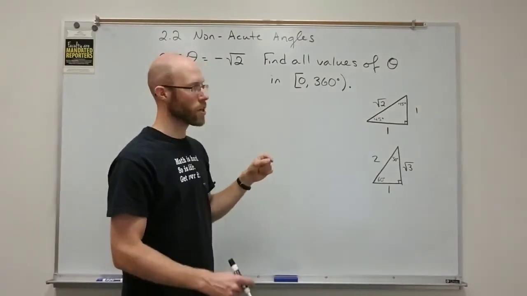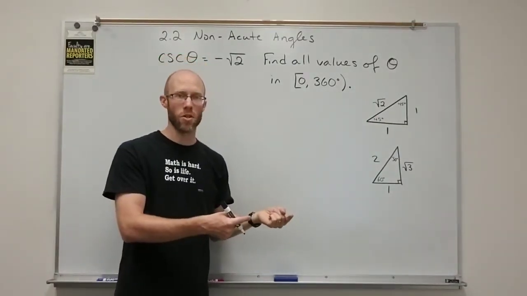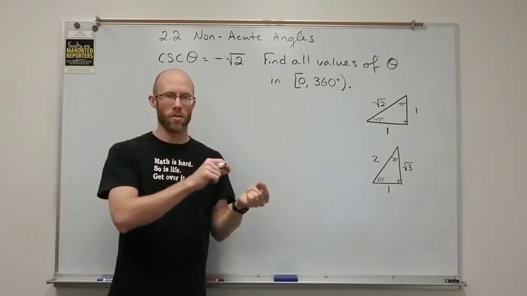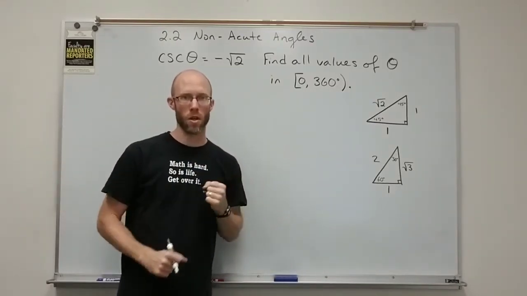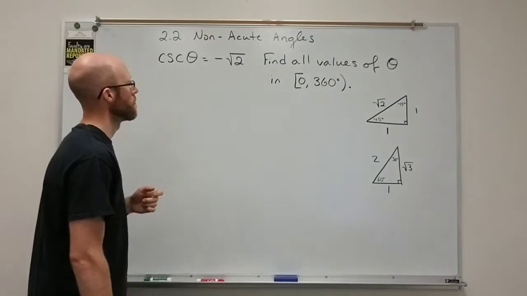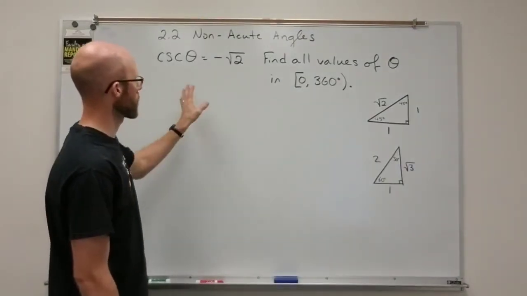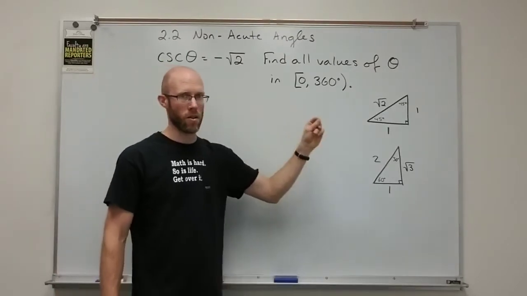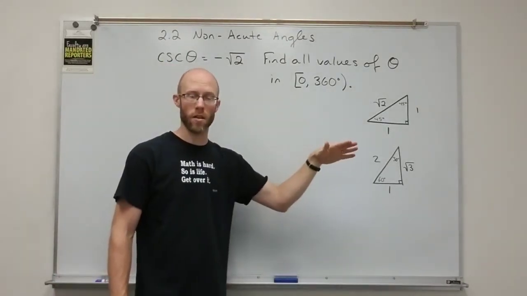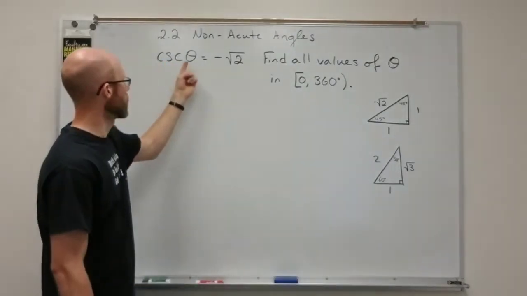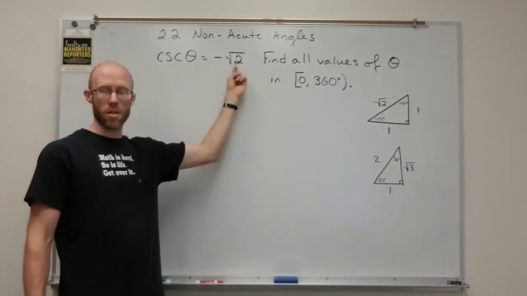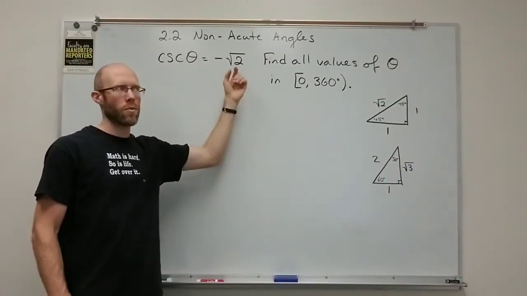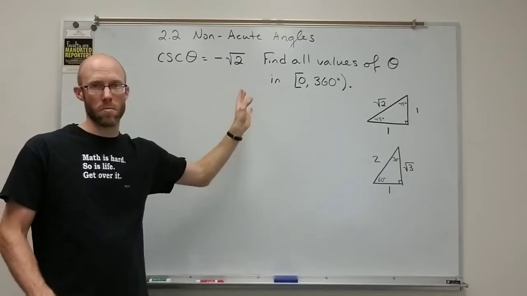So I'm going to think about my acute angles first, and then think of them in terms of the other three quadrants. So the first thing I want to do is try to find any acute angle in the first quadrant where the cosecant is equal to the square root of 2. Well, and I'm going to ignore the negative for just a minute.